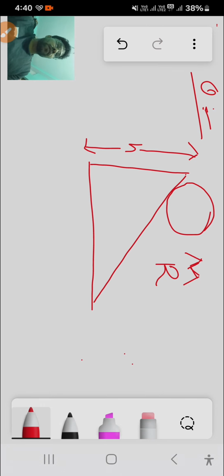sphere at the bottom point, means point B, right? So in this question I will apply conservation of mechanical energy.